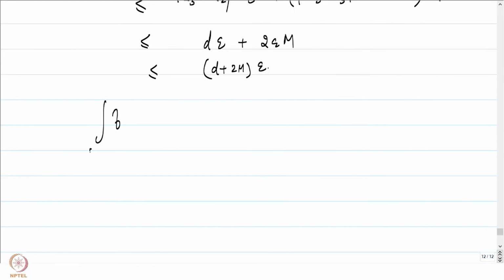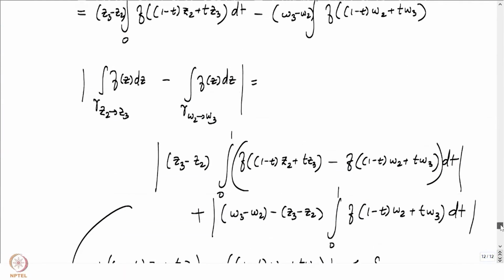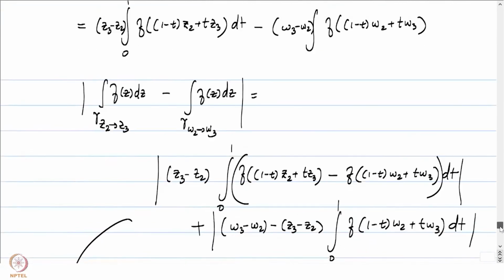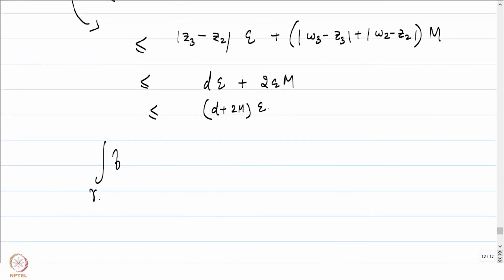Integral of f on what are the other two sides? z3 to w3 and w2 to z2. I'll just show you what happens on z3 to w3 of f of z dz. Absolute value of this is going to be equal to some very similar argument as earlier.